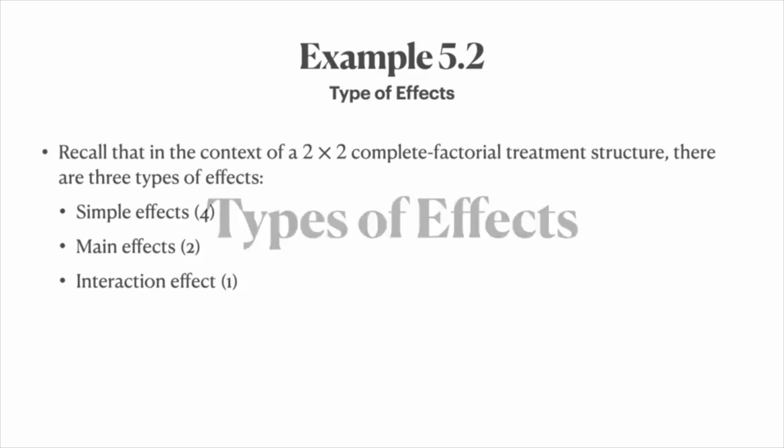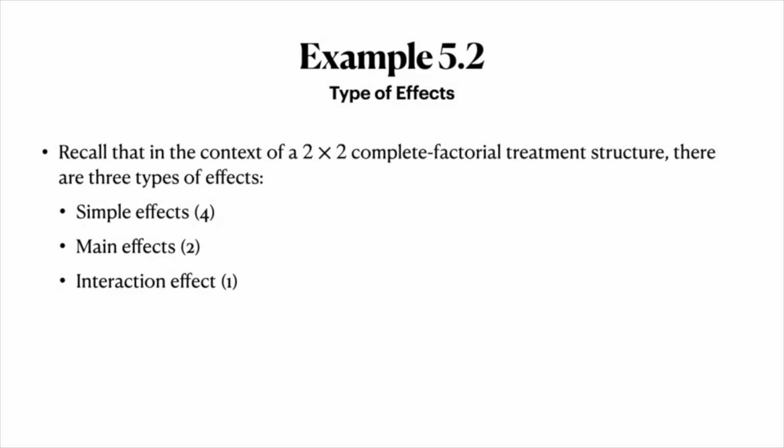Next, let's look at the various types of effects that are available to be considered and calculated in the context of a 2x2 complete factorial treatment structure. You'll recall that in this context there are three types of effects. We have simple effects, main effects, and interaction effects.